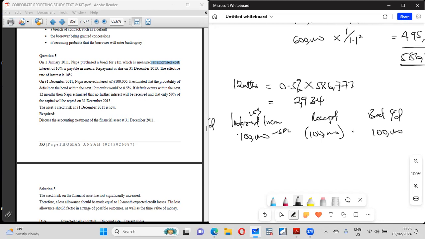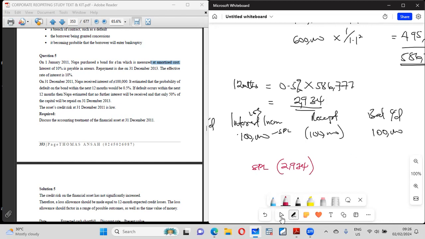But we won't get that 1 million. So this is where the credit loss comes in. The 12 months expected credit loss is a financial asset, just like your receivable. What do we do with the bad debt? You treat it as an expense. So this figure, 2,934, will also go to the SPL as an expense.